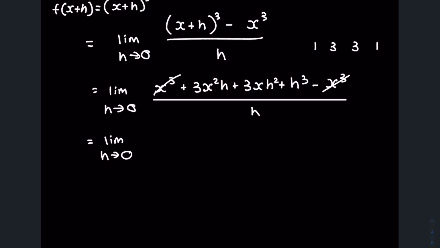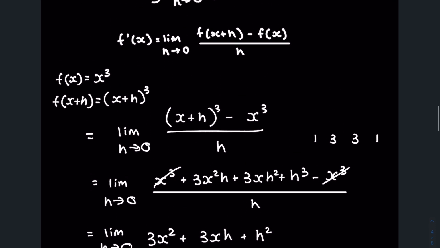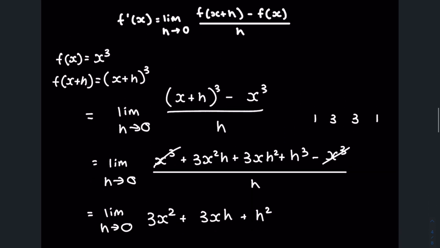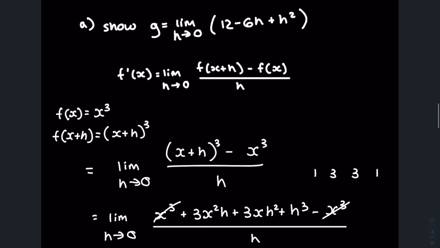So 3x squared h divided by h will just give us 3x squared. 3xh squared divided by h will give us 3xh. And then h cubed divided by h will give us h squared. And I believe this is almost what they're asking for.